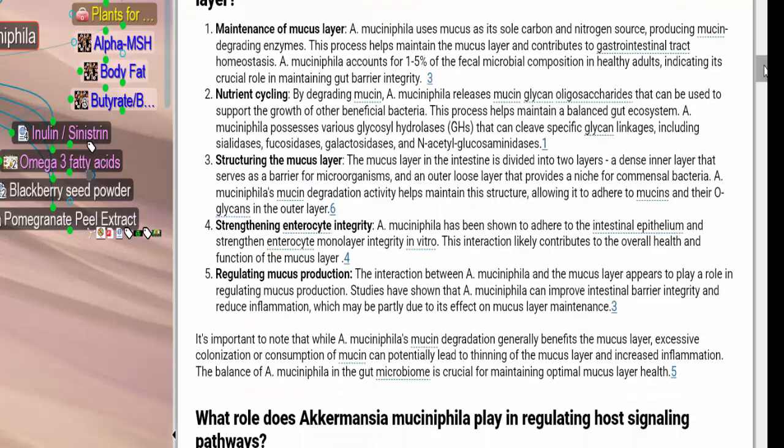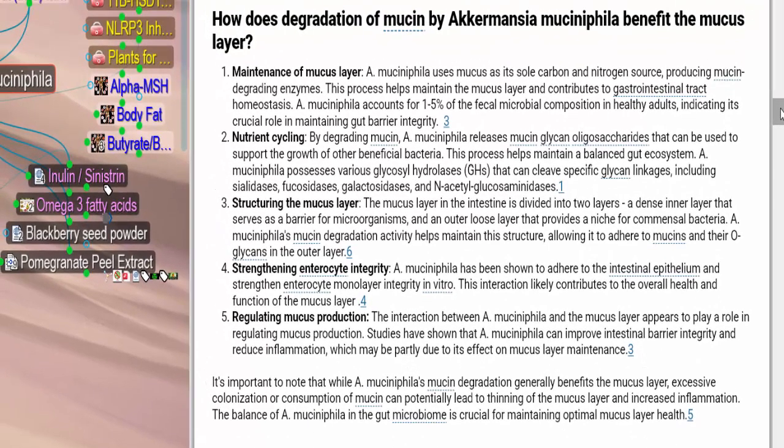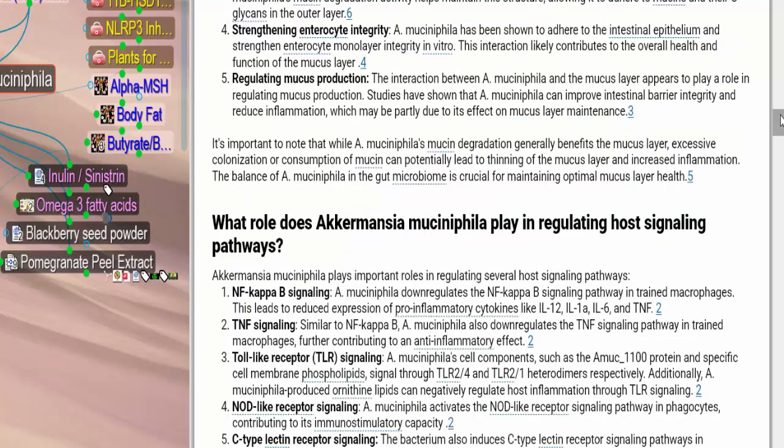The mucus layer in the intestine is divided into two layers, as we saw, and we're talking about the colon here. A dense inner layer that serves as a barrier, and an outer loose layer that creates a niche for our commensal bacteria. Akkermansia's mucin degradation activity helps maintain this structure, allowing it to adhere to mucins and their glycans in the outer layer, strengthening enterocyte integrity.